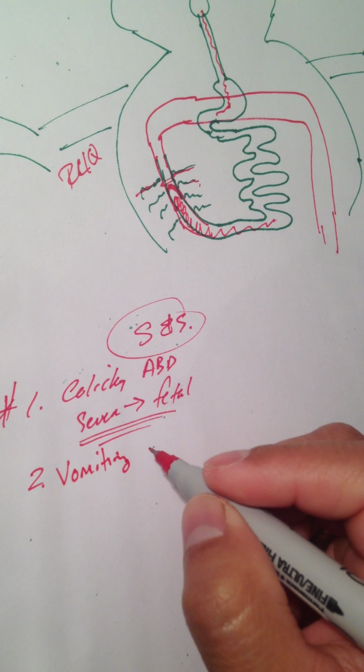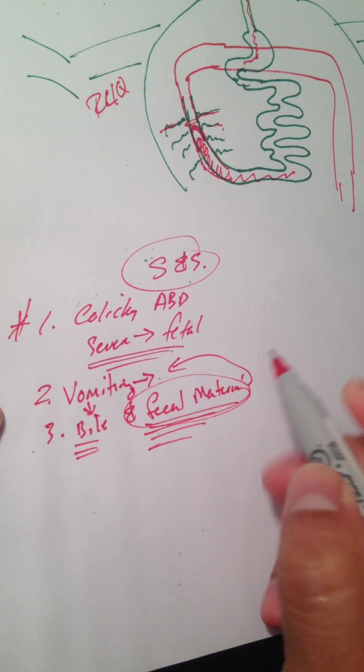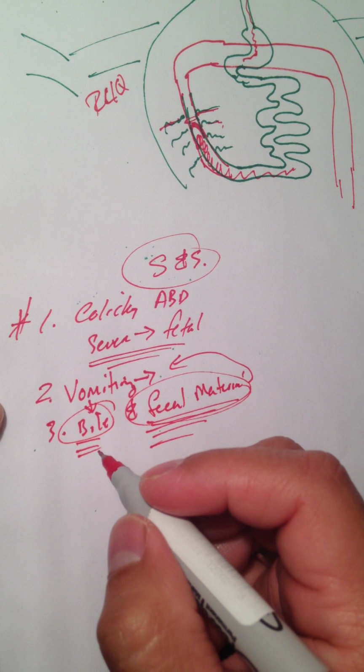And you may see bile and fecal material in this vomit. Okay? So assess it. Assess the emesis that's coming out, because again, it may contain fecal material and bile.